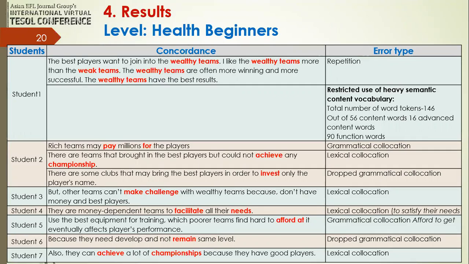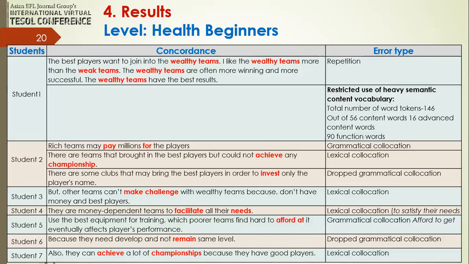As we heard from Dr. Tlili explaining the error types committed by science and engineering students, I would like to share with you the error types committed by health beginners, which are almost the same. There is no particular difference.